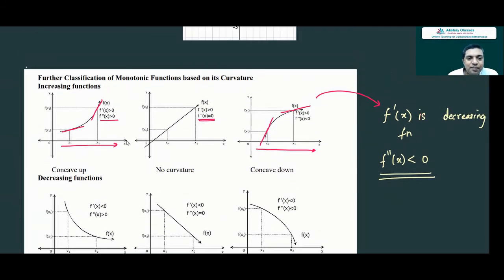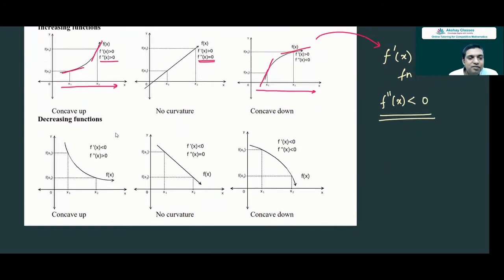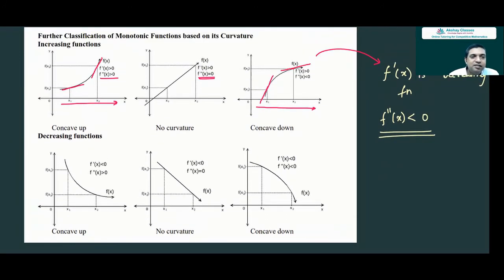Now, same concept. Let us look at decreasing functions. For decreasing functions, it is very clear. The function is decreasing. At every point, f dash x will be negative, negative, negative. No problem. We know that. You see the tangent here.